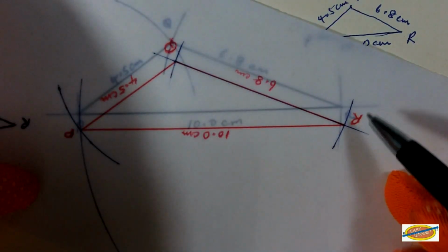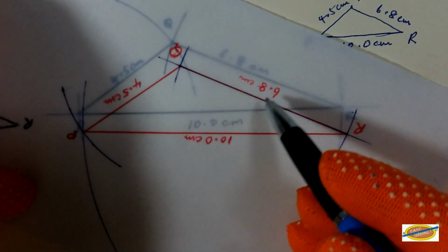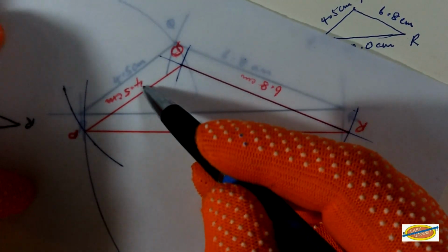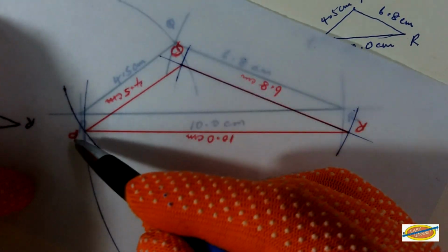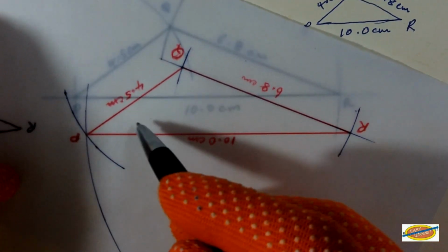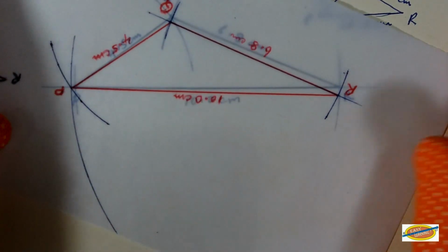Q and Q, R and R, 6.8, 6.8, 4.5, 4.5, Q, P, that's P down there, 10 centimeters, R, P, 10 centimeters.